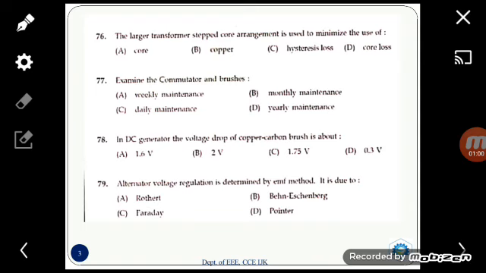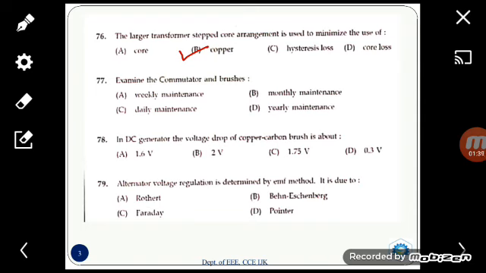Here the answer is option B, copper, because we are using different types of core construction in transformers, like square type and cruciform type core construction, that is two-stepped and three-stepped core construction, etc. When the number of steps increases, we have to use a smaller amount of windings, that is less copper. So here the answer is option B.